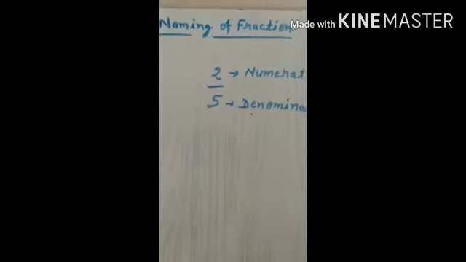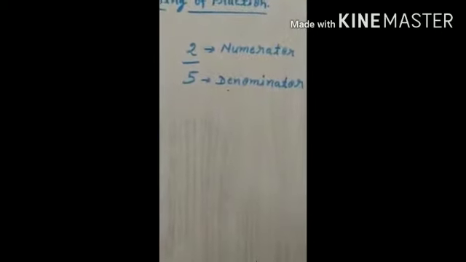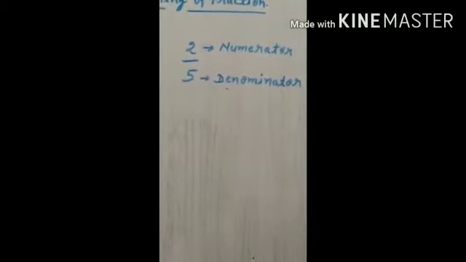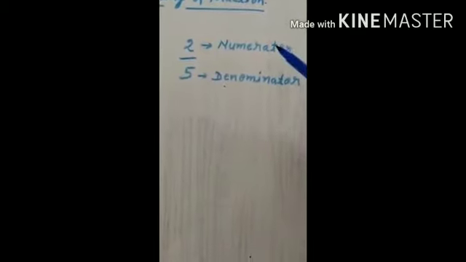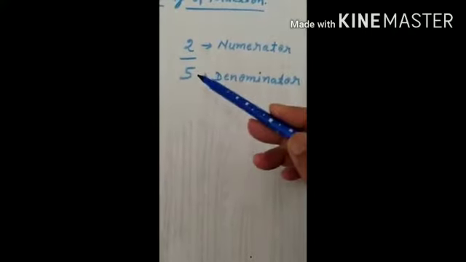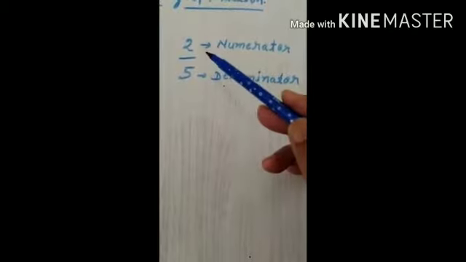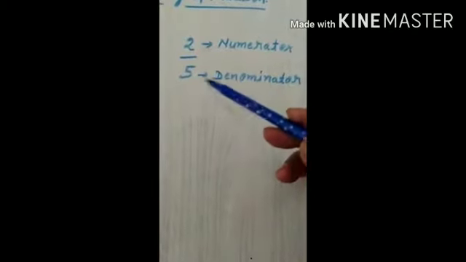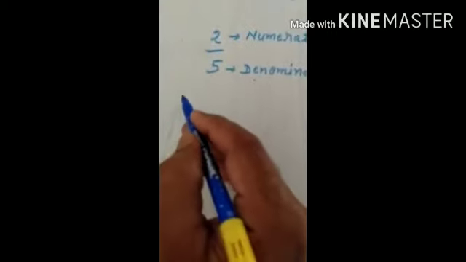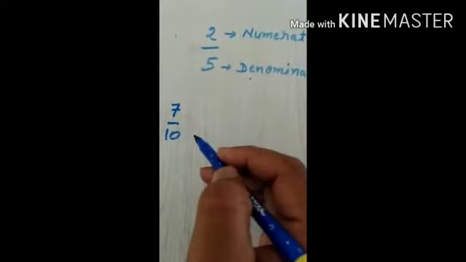Naming of fraction. Now take an example, 2 by 5. In this fraction, the upper part is called numerator and the lower part is called denominator. It means the numerator is 2 and the denominator is 5. We take one more example, 7 by 10.